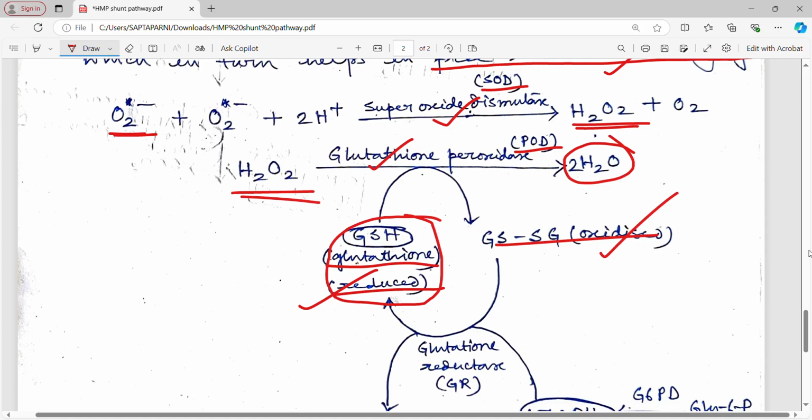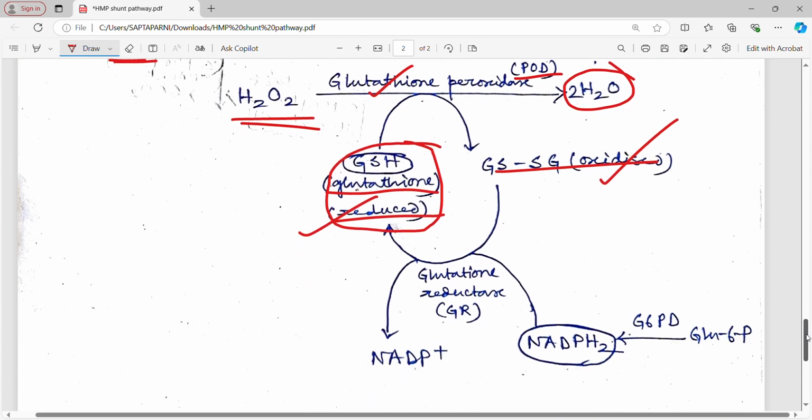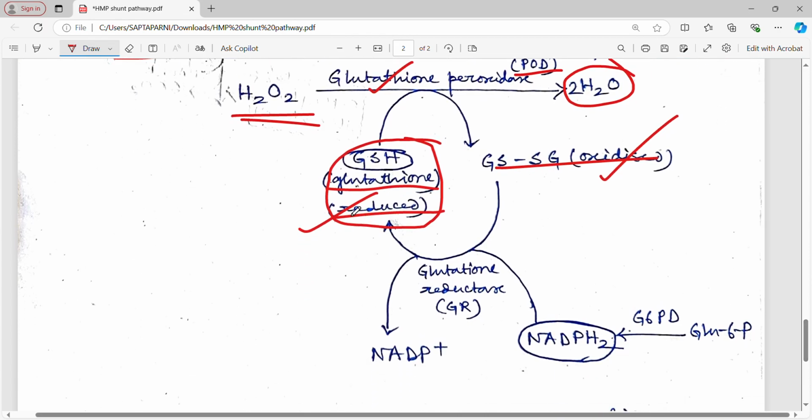So this oxidized glutathione gets converted into its reduced state by the help of glutathione reductase enzyme. And in the performance of this glutathione reductase enzyme, our NADPH2 helps, which we have got from the HMP shunt pathway with the help of G6PD enzyme.